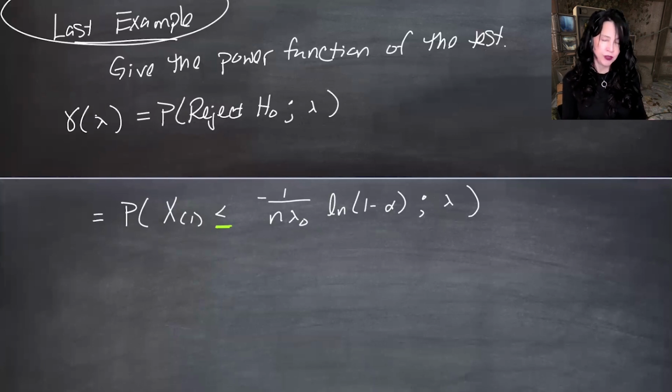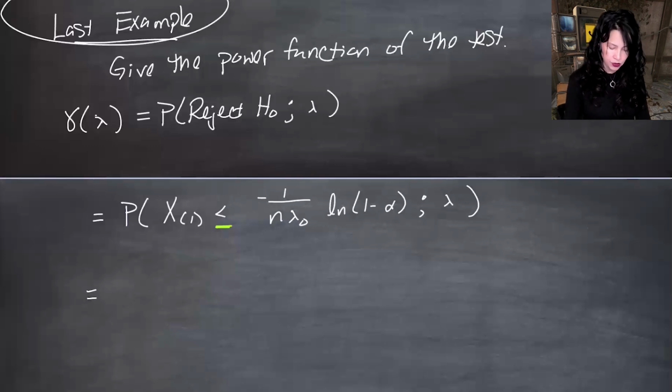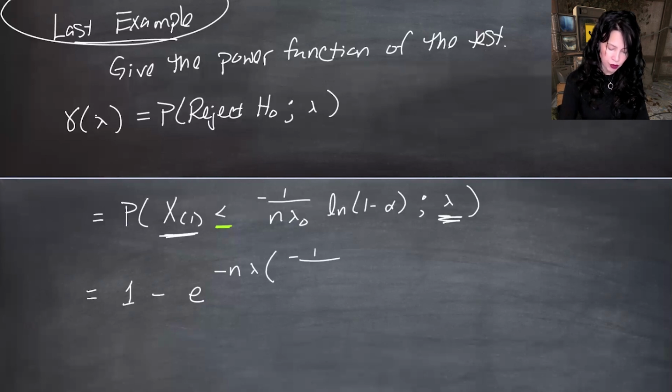And therefore, we are looking once again at the CDF for an exponential random variable with rate n lambda. So this is 1 minus e to the minus n lambda, right? Because the parameter is lambda. So that means that this is exponential with rate n lambda. And we're evaluating this CDF at minus 1 over n lambda naught log 1 minus alpha.